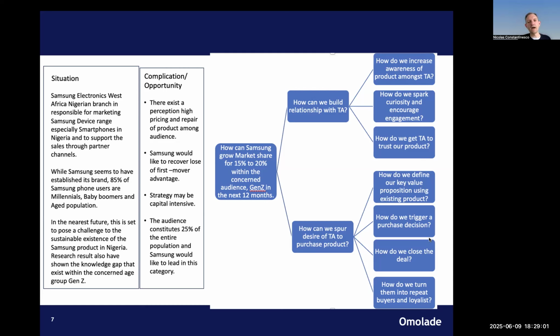Same thing for the second question, the one at the bottom. How can we spur desire to purchase product? It could be made more precise, maybe something like, how can we increase their motivation to choose Samsung when purchasing a phone? That would be much more specific, right?